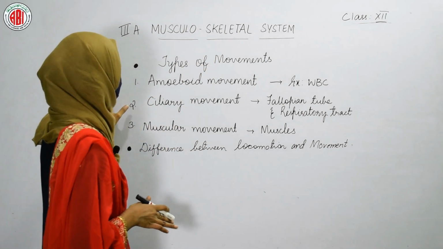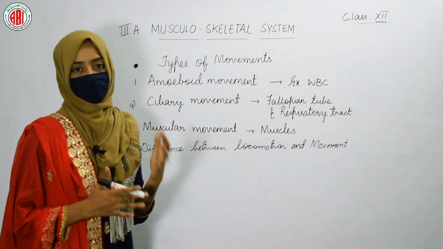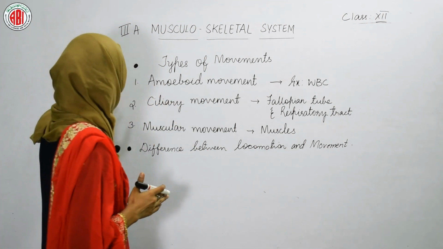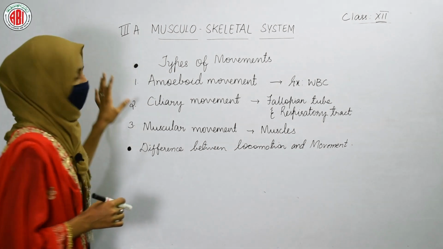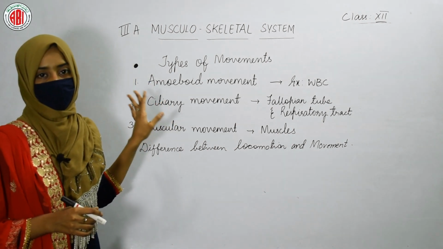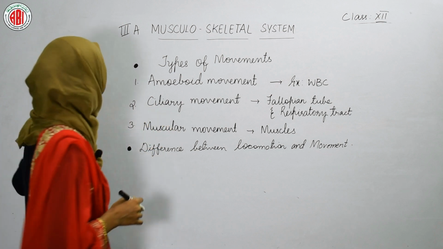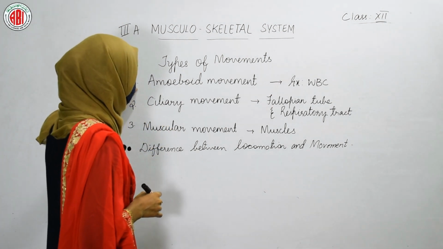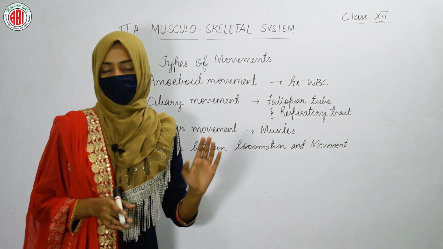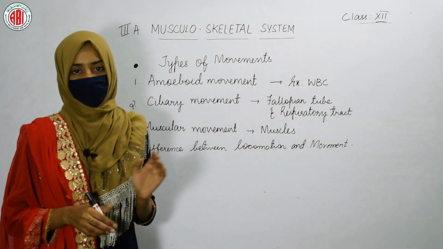The different movements can be seen in the different parts of our body, like amoeboid movement, ciliary movement and muscular movement. Three basic movements are observed in the body parts of a human and they are amoeboid, ciliary and muscular. Amoeboid movement is the movement shown by the amoeba.